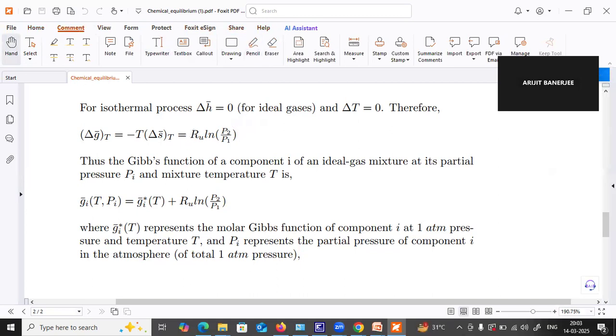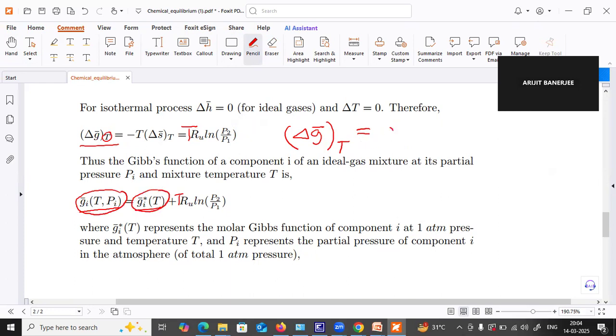There will be a T, as I told, and there will be a T here. Now I have just expanded this term. So this is at a particular temperature. Follow this carefully. This delta G bar at this T is equal to this minus this.